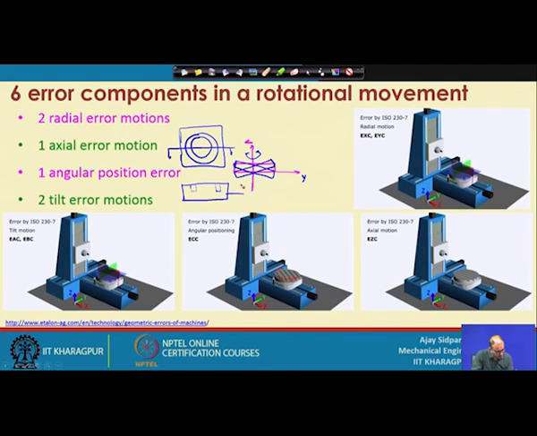So, this depth should be the same, but if you end up with both these errors, what will happen? In some cases your depth will be very large. Whatever plane you cut from here, you will get a different depth. Maybe the height is very large here, this may be even smaller than what is required, or higher than what is required. In this way you can get different types of shapes and different types of errors.